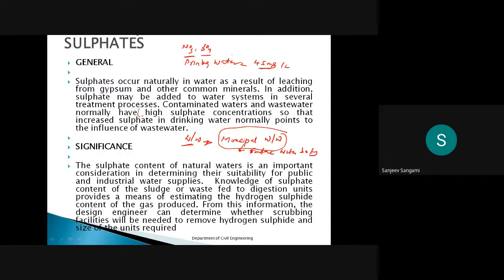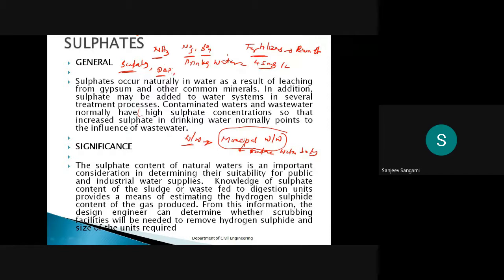Even through agriculture fertilizers, if you are using them more, during runoff what will happen is that we use sulfates as nutrients for plant growth, and we use DAP, that is diammonium phosphate. Phosphates also will get in. Diammonium means ammonia, NH3, and NH3 again comes as nitrates, so it is nitrogen.